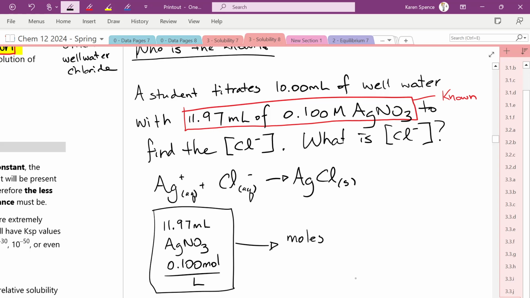What is step 1 of stoichiometry? Always find the moles of the known substance. What do you know about the moles of AgNO3 and the moles of Ag?